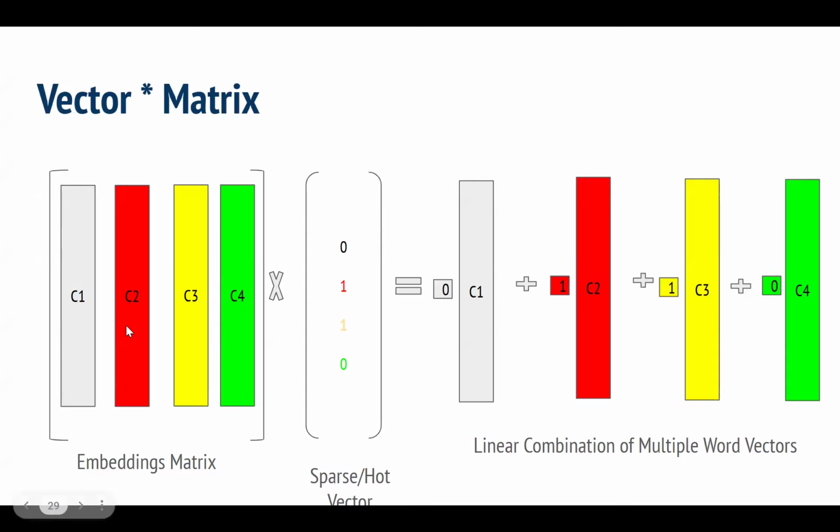Each column here represents weights, W1 to Wn. And as you do backpropagation, you will figure out these weights. And once you figure out these weights, you figure out how to represent a word as a vector. So each column here represents the vector of a separate word.